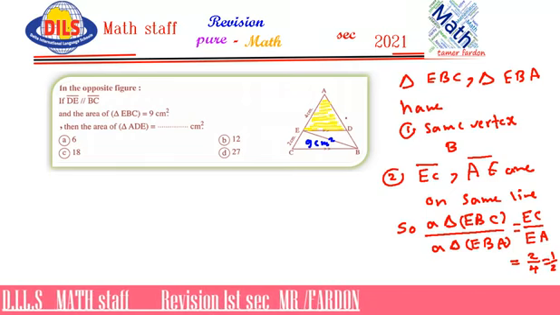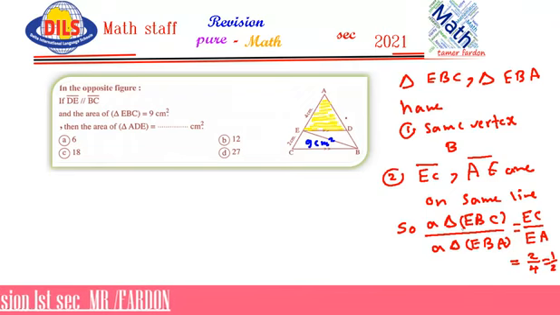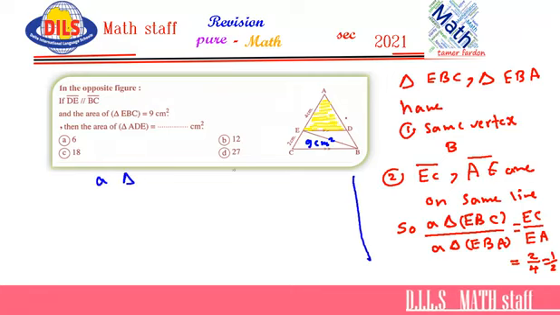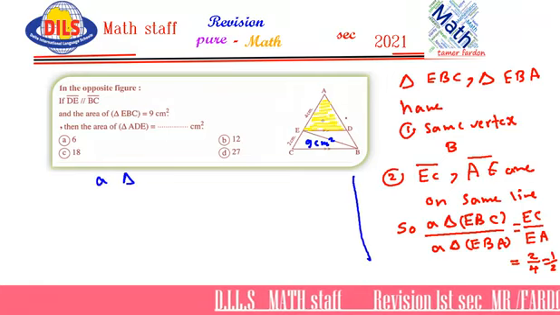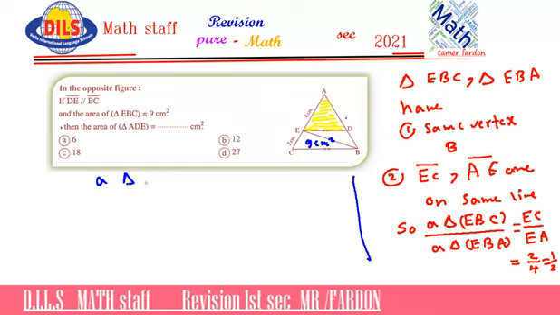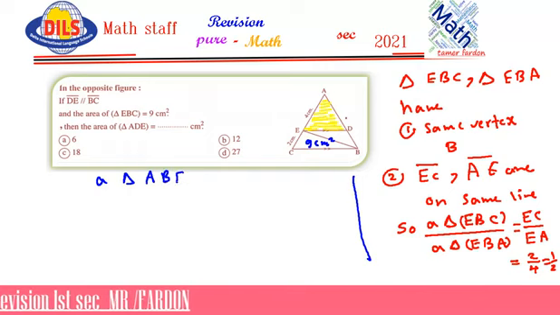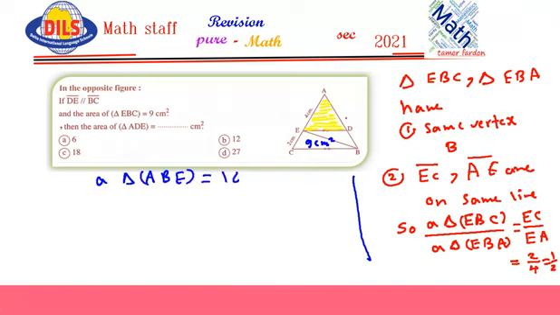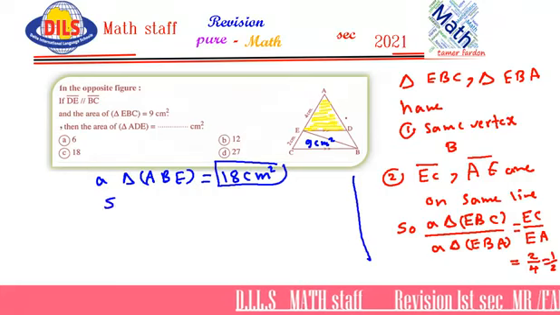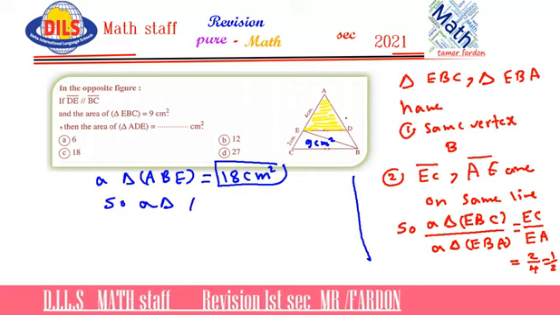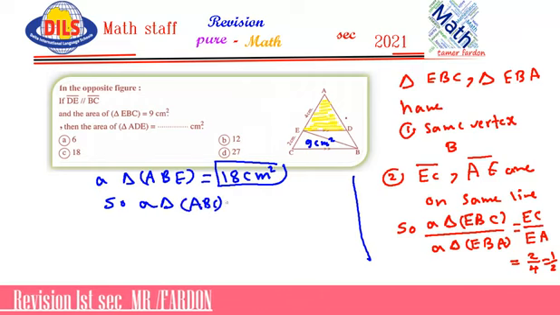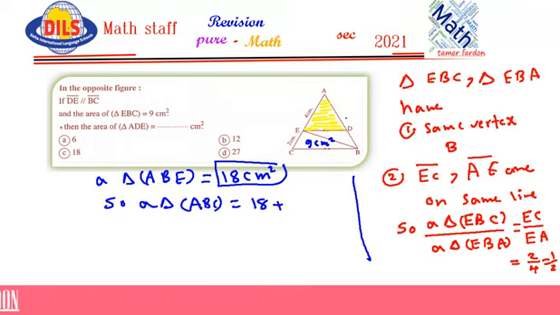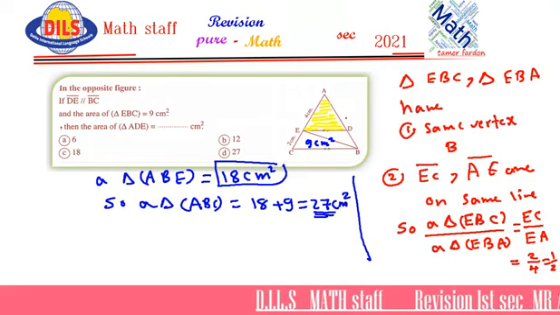So from that we get area of triangle ABC 9, so area of triangle ABE is 18 centimeter square. So area of triangle ABC equals 18 plus 9 equals 27 centimeter square.